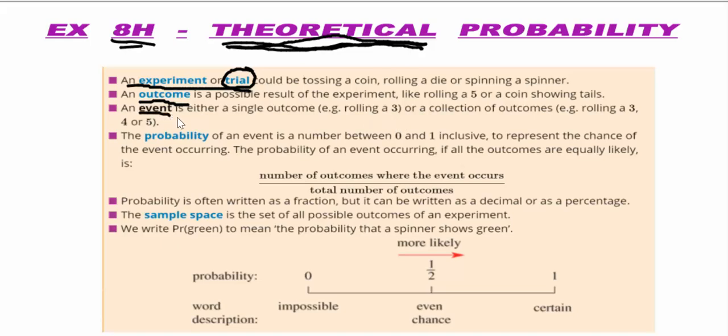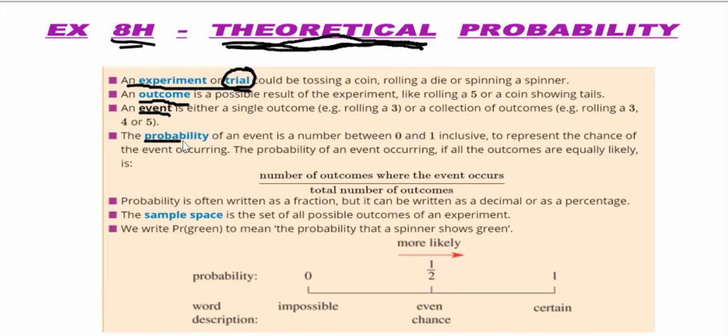An event is either a single outcome, for example rolling a 3 on a die, or it could be a collection of outcomes, like rolling a 3, 4, or 5, or rolling an even number, or rolling an odd number. So an event can mean one single thing, or a number of things that we designate could happen.